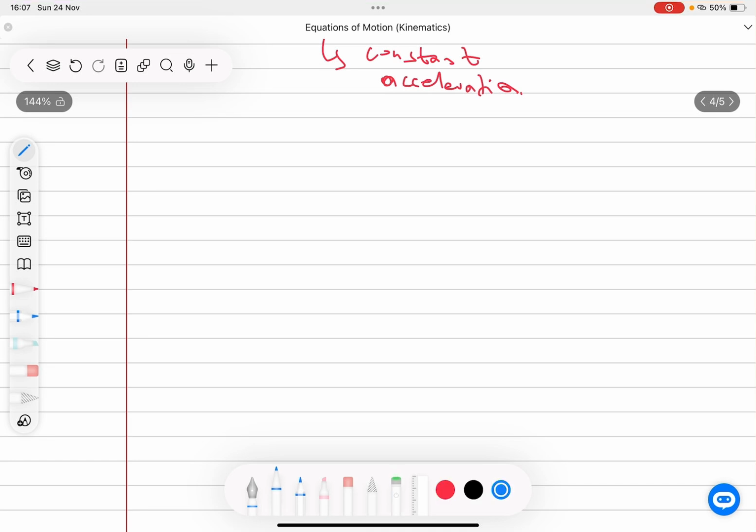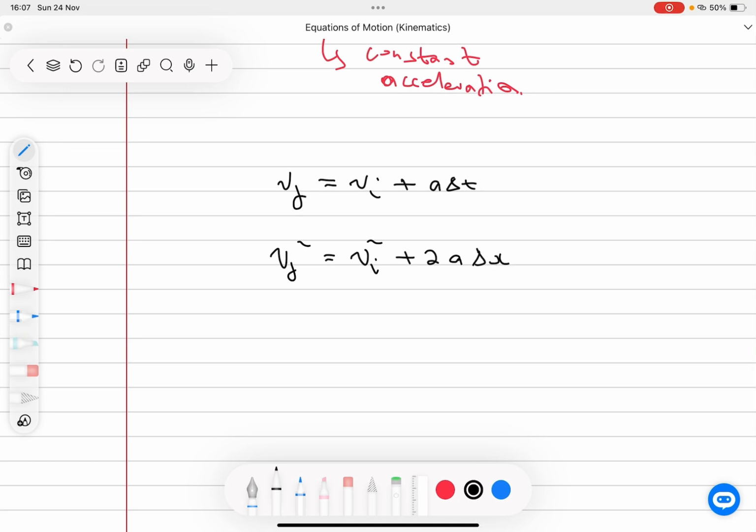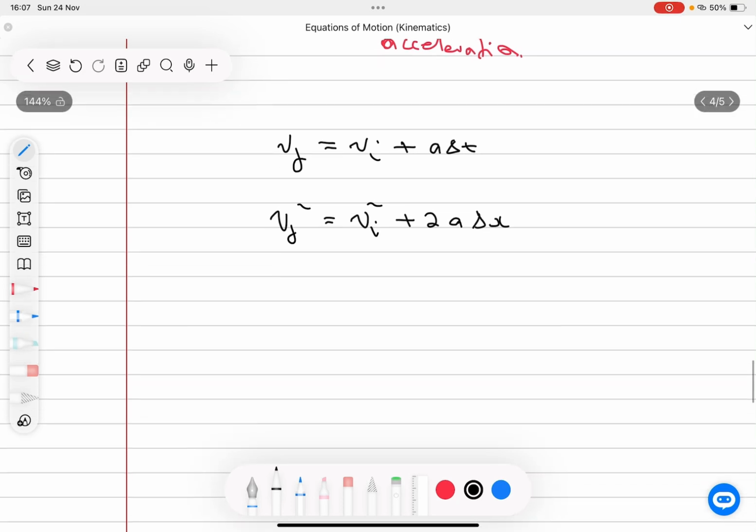Now, in a nutshell, we then have our 4 equations of motion defined on our formula sheet. The final velocity is equal to the initial velocity plus the product of the acceleration and time. The other one says the final velocity squared is equal to the square of the initial velocity plus twice the product of the acceleration and the displacement.